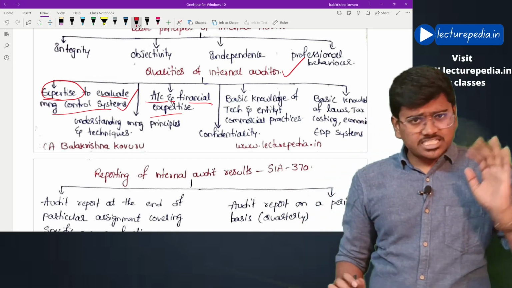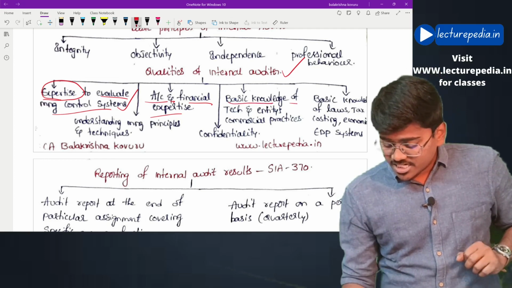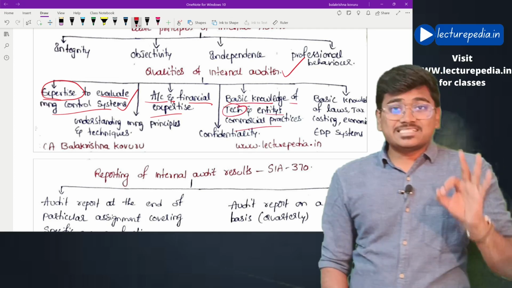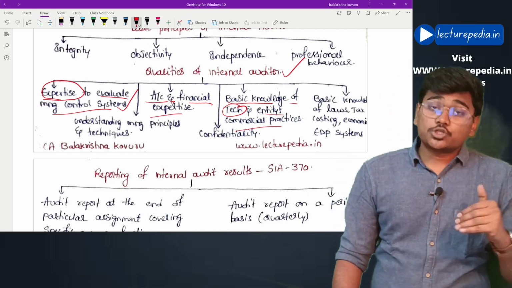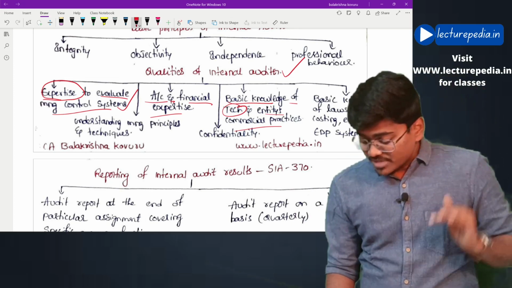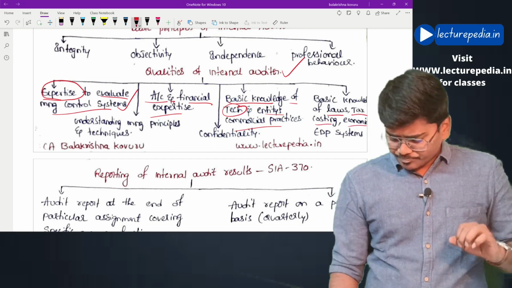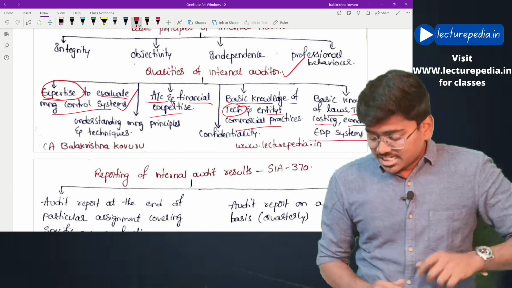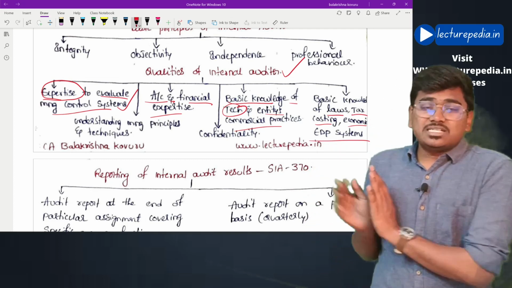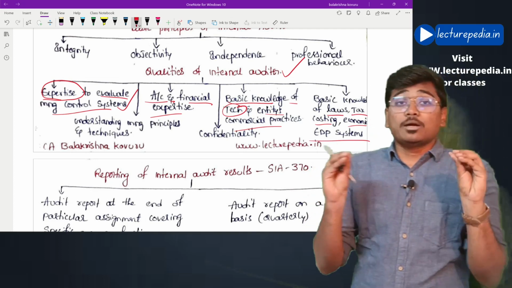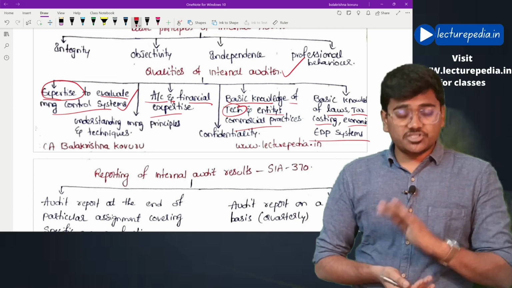Expertise is not necessary. Basic knowledge related to technology and entities, commercial practices, and he should also have basic knowledge related to various laws, taxation, costing, economics, and EDP systems. Okay, related to these aspects, he just needs to have basic knowledge. Expertise knowledge is not necessary.